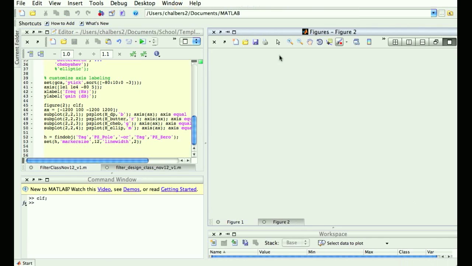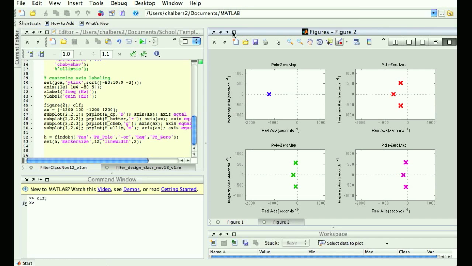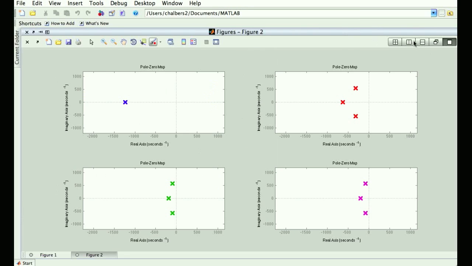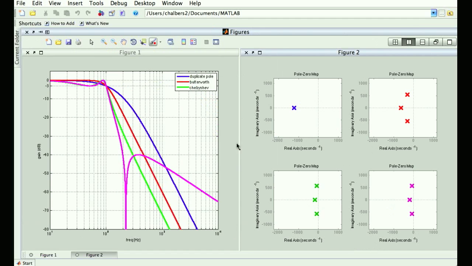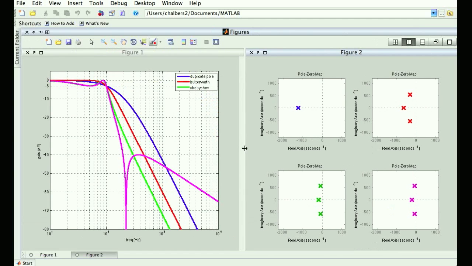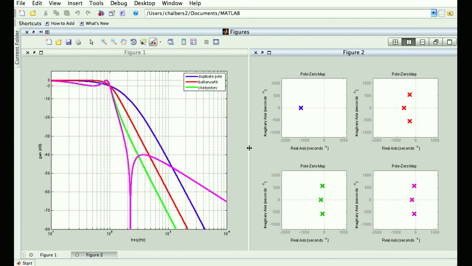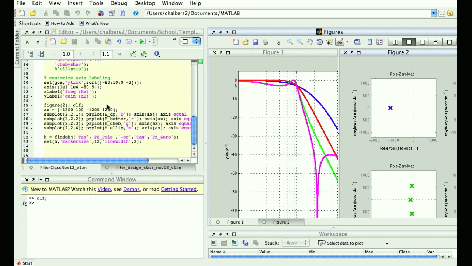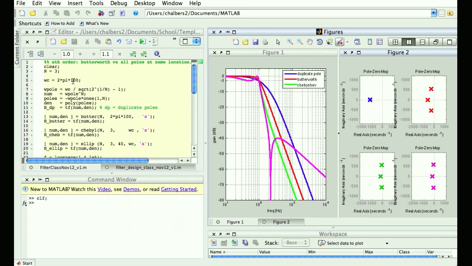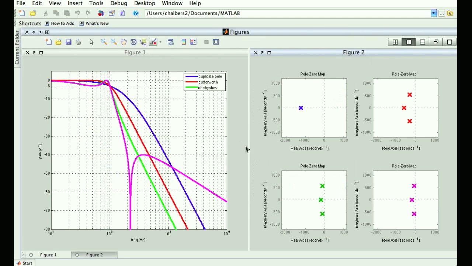Low-pass filter, 2 poles, cutoff frequency at 100 hertz. So look at the plot on the left. I've got 4 filters. Okay, blue, red, green, and pink. Now, do all 4 of those meet my criteria of being a 2-pole low-pass filter with a cutoff frequency at 100 hertz?